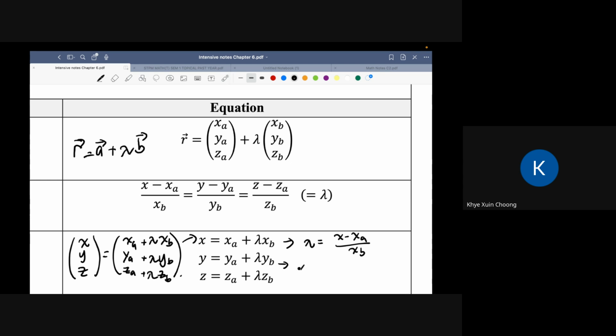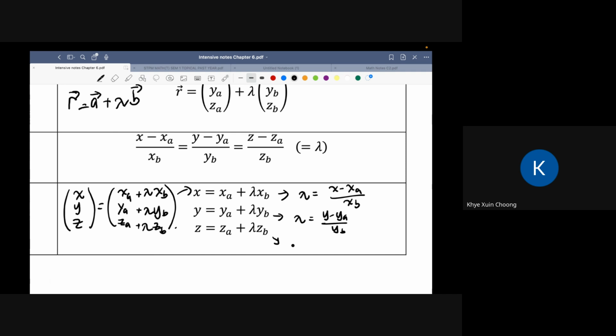From here, lambda equals y minus ya over yb. From here, lambda equals z minus za over zb. All the lambdas should be equal, so all these three expressions are equal. We don't write the lambda, we just write these three as equal. This is our Cartesian form.